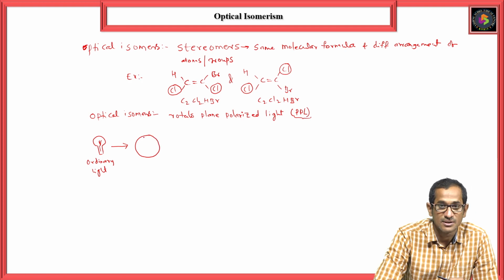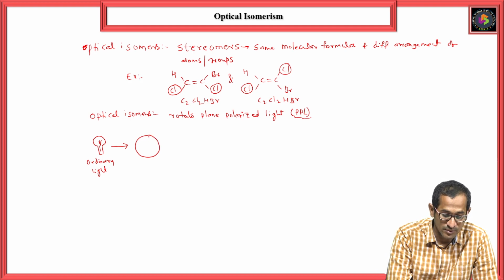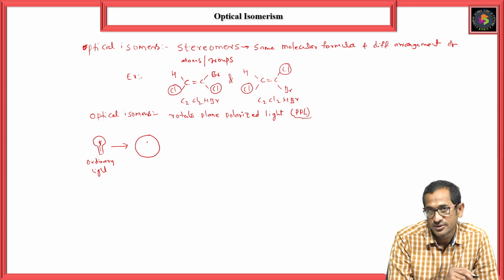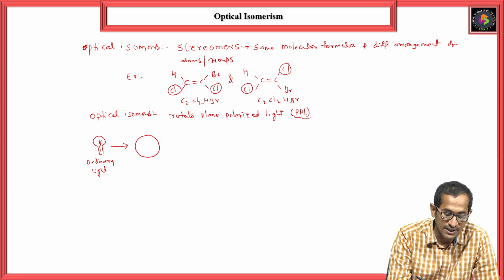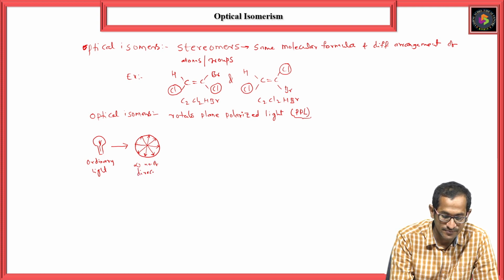Let's say this is some system in a room. If you switch on the light, and you are at the center of the room, the waves of the ordinary light oscillate in an infinite number of directions.